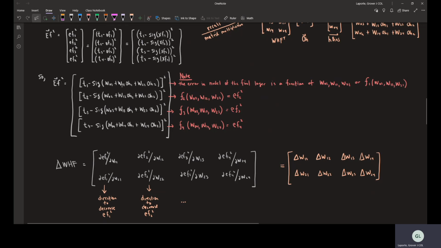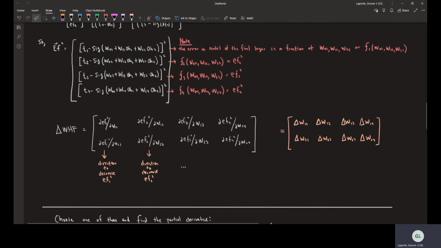So I'm taking the partial with respect to W11, the partial with respect to W21, and that becomes my direction to decrease EF1, the error of my first node in the final layer. This would be the direction that I would need to take WHF in order to make it as small as possible.